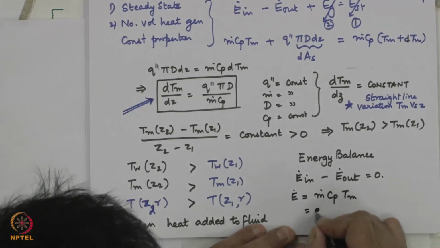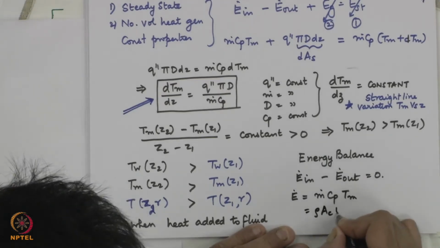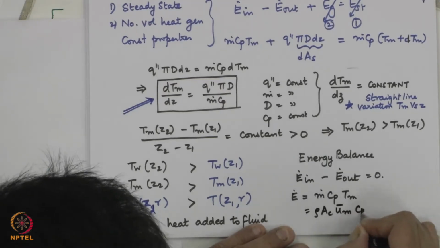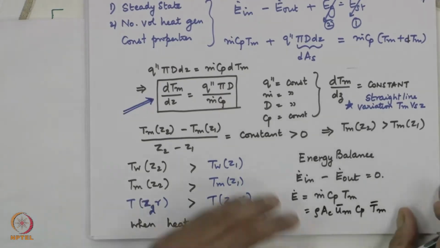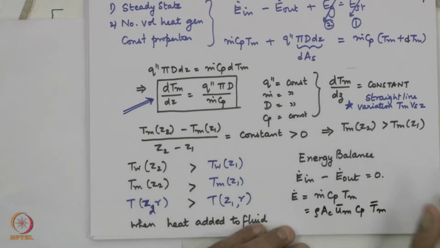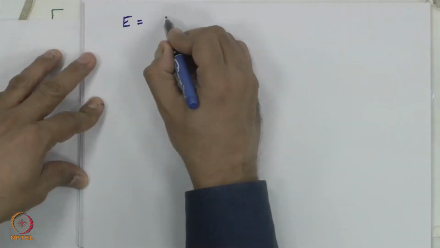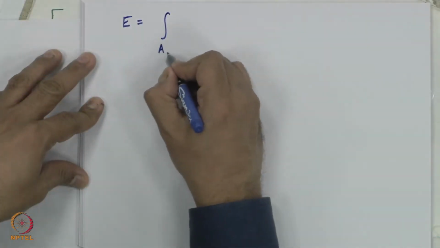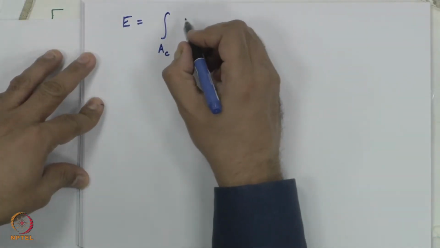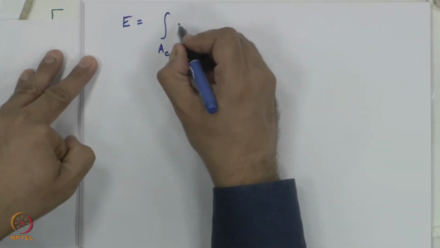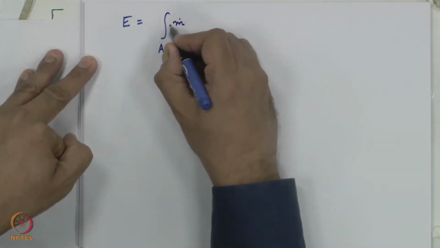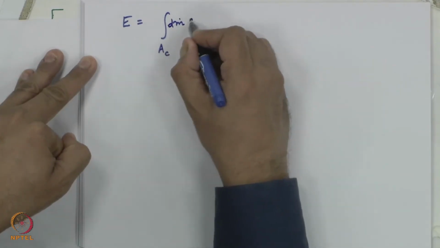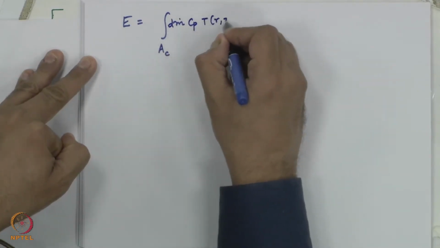What is m dot? Rho cross sectional area U bulk mean Cp T bulk mean, which I have to define. Correct? So, this quantity is nothing but E, energy calculated by integration over the cross sectional area. What is this integration? This is nothing but m dot, dm dot Cp T of r comma z.